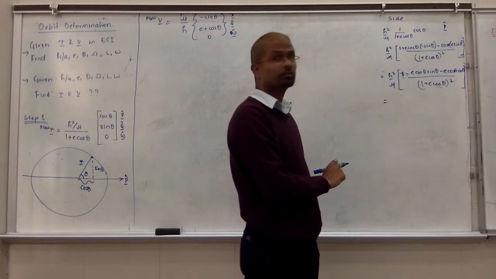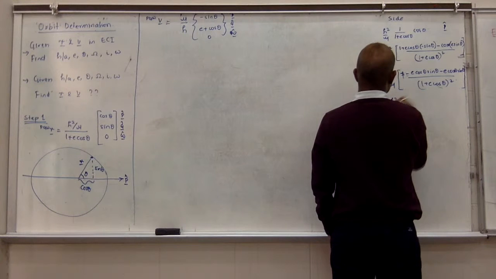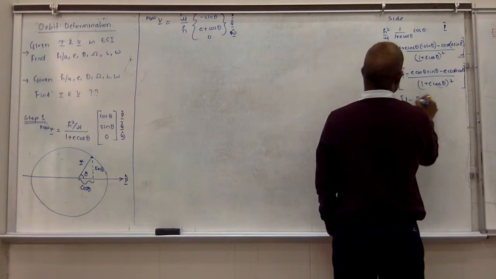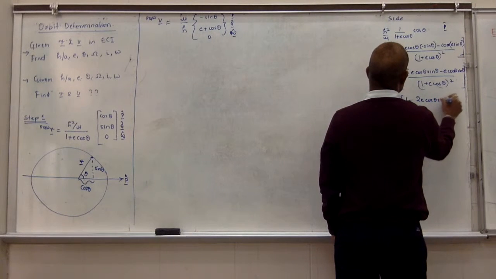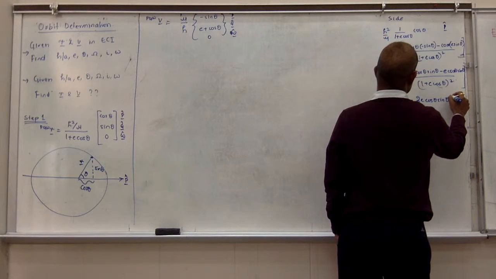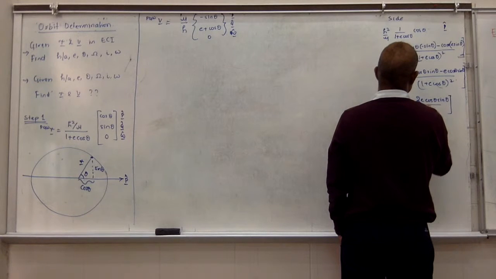You have h square over mu, 1 minus e sine theta, sine theta, and 1 plus cosine.